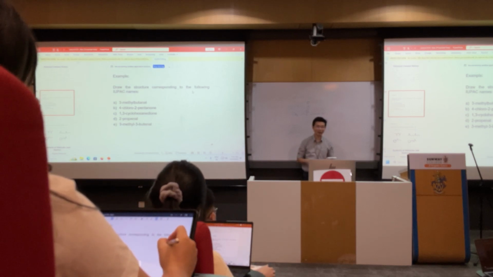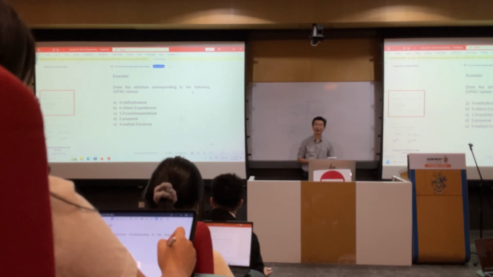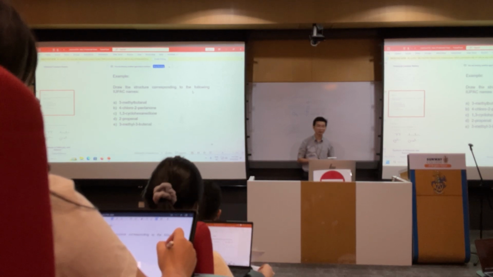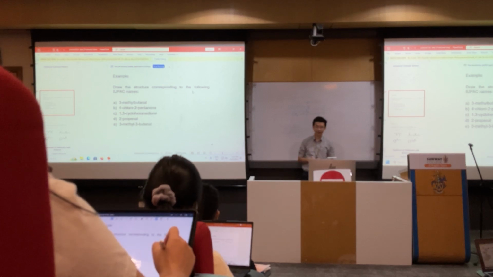Okay. Where is the position of the chloro group and the ketone group, the carbonyl group? So the carbonyl group resides on carbon number 2, and the chloro group resides on carbon number 4. Okay. So everyone get it?